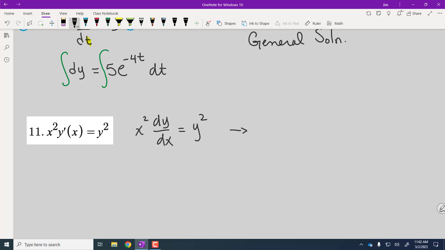And then we're going to end up with dy, and I'm going to write it as y to the negative 2. And then the x's move to the right, they'll become x to the negative 2 times dx. So we want our functions in the numerator, so we'll have negative exponents because that's how we integrate. We need the powers of x or y in the numerators.